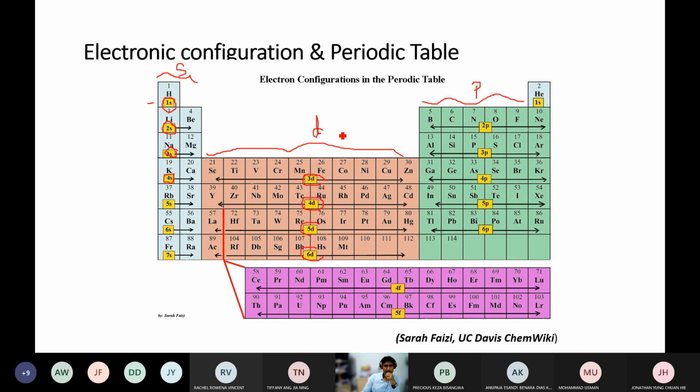All of them have an available P orbital at the end, the outermost shell orbital is P, here D, and here S. All right, now that we are familiar with the periodic table, we can see how to find what block an element is in. I will go into detail in the next few slides.